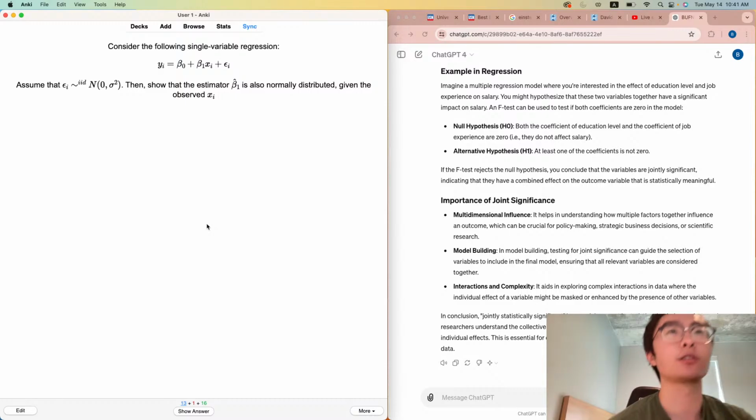Let me think about this here. So how do we get beta in this? It is x transpose x inverse. I want to say it's the covariance over the variance.